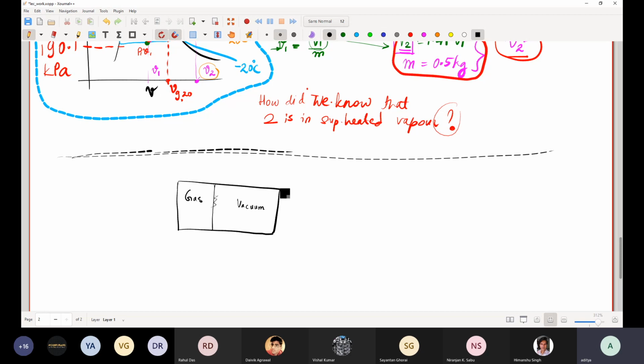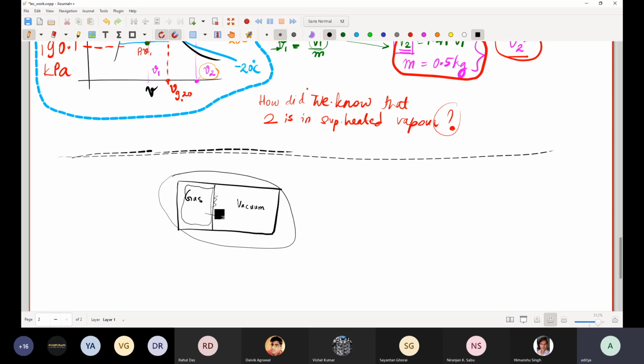Now if you look at the system holistically, if you try to draw a control volume like this, obviously there has been no boundary work, there is no displacement work. But if you were to solely consider the gas as the control volume, or the control mass in this case, so when you rupture the membrane, the gas fills the vacuum.